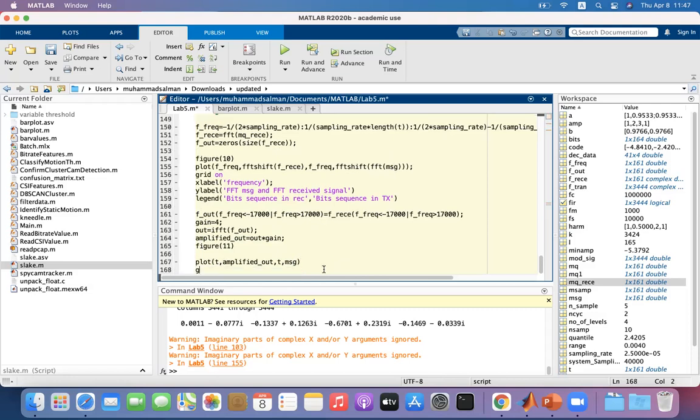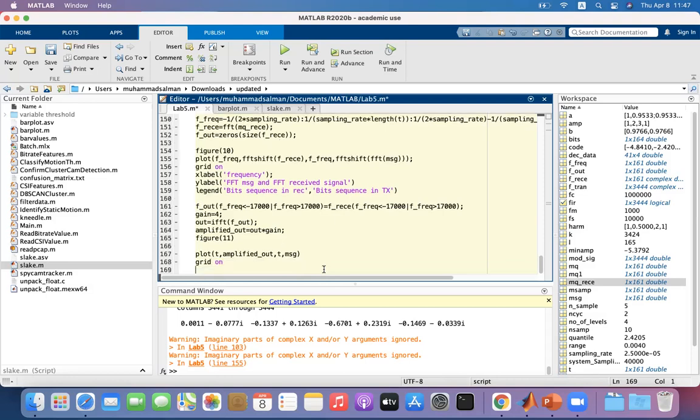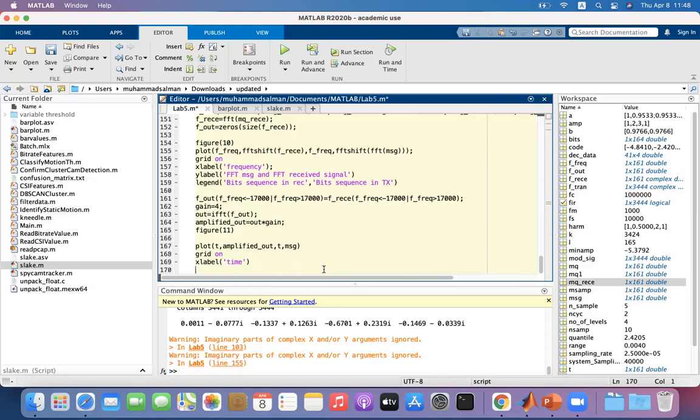And then grid on, and then the x label is the time domain, and the y label is the received signal versus transmitted signal.